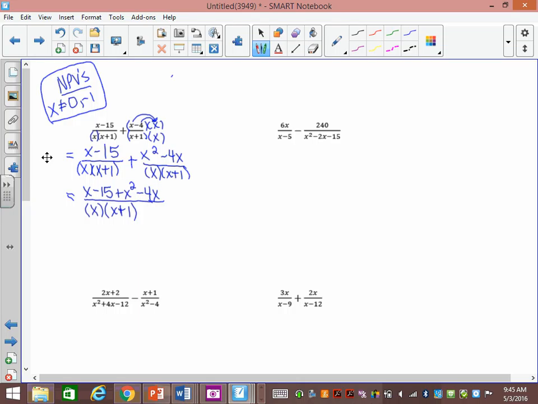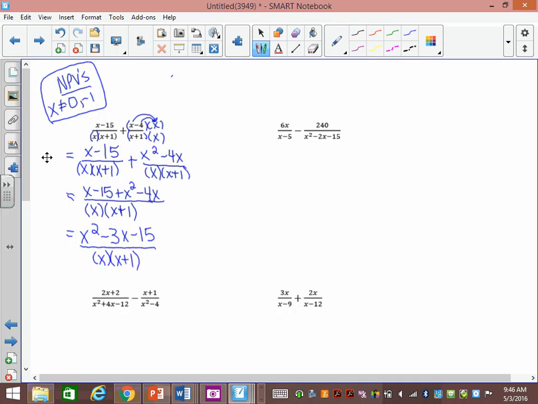I didn't need to change any signs because it's an addition, right? And now I just collect like terms. x squared, x minus 4x is negative 3x, minus 15 over x plus 1.